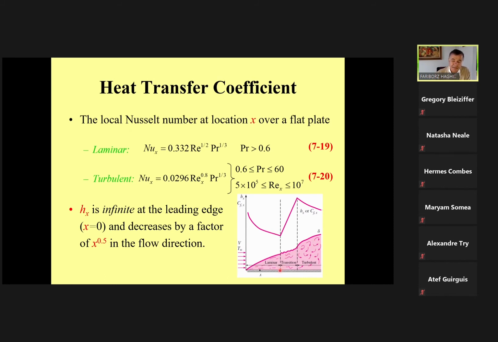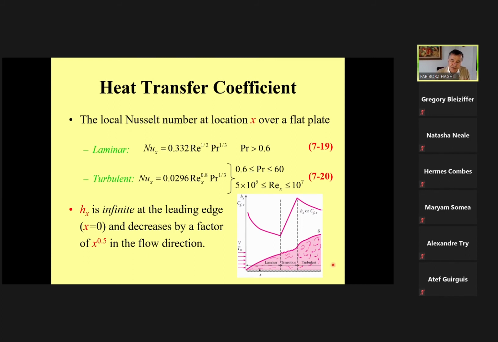Is it 10 centimeters compared to 10 meters, or 10 centimeters compared to 40 centimeters? If the length of the plate is 10 meters, only the first 10 centimeters is laminar, so you can ignore 10 centimeters compared to 10 meters. But if you have 40 centimeters and 10 centimeters is laminar, 30 centimeters turbulent, then it has some contribution.